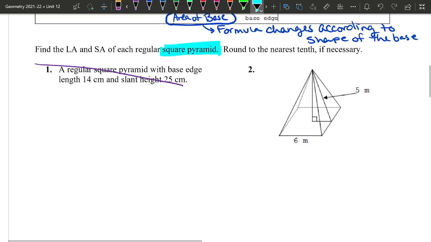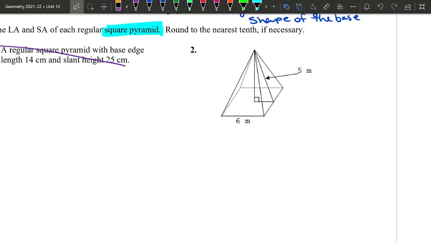All right, so the lateral area and the surface area of this square pyramid. So first, I'm going to set it up as the surface area. The lateral area, we want to do that one first, or L, equals 1/2 of the perimeter times the slant height. All right, so I need to figure out what is the perimeter.